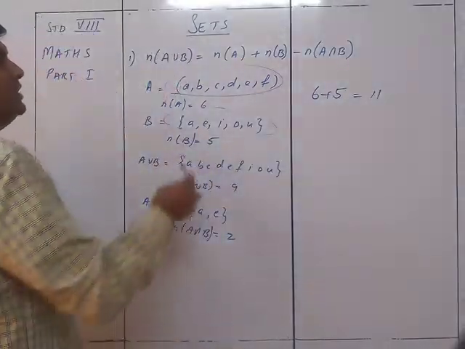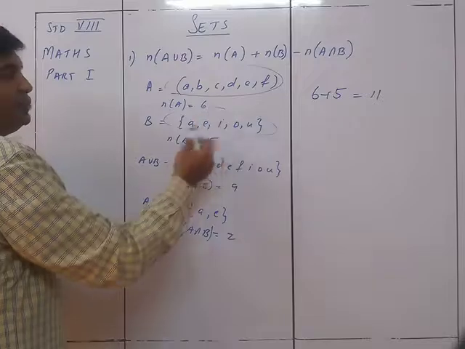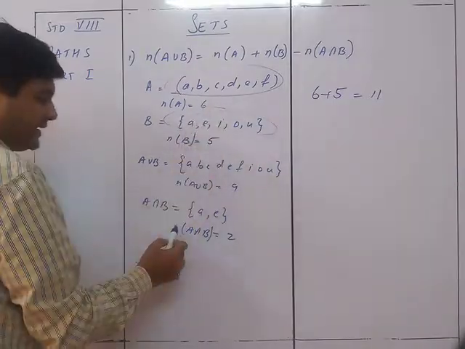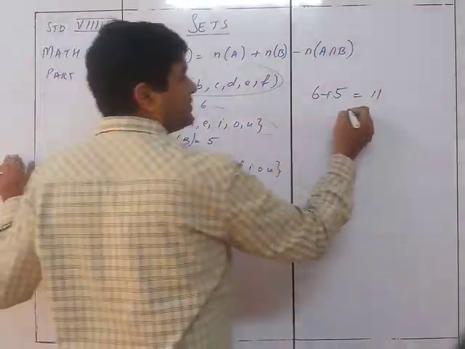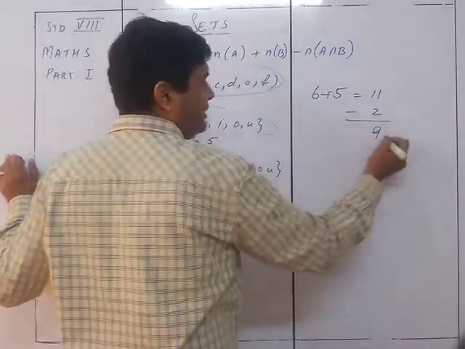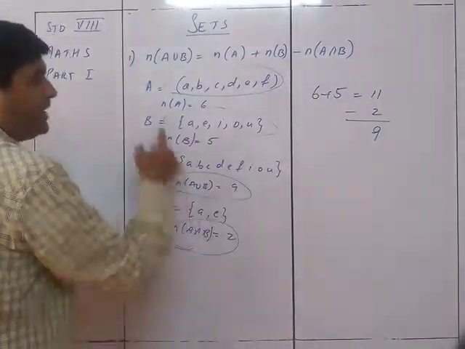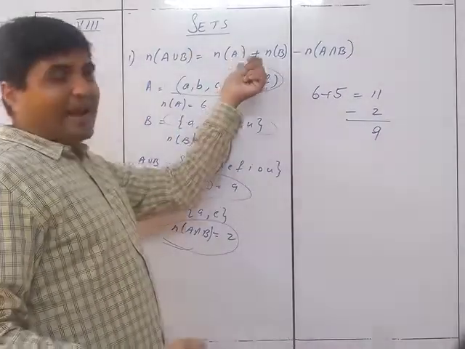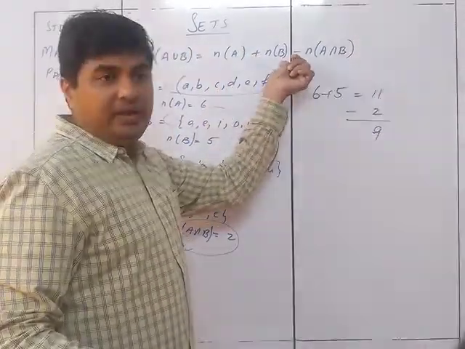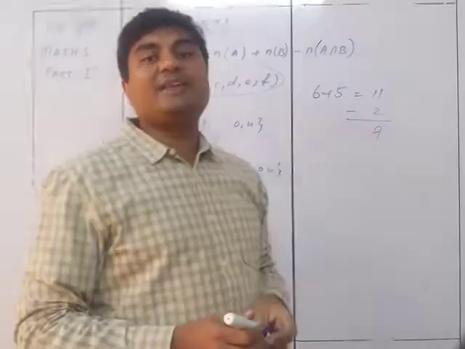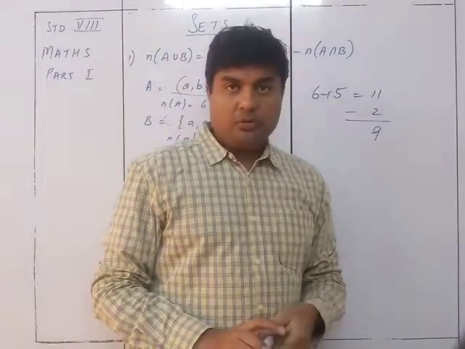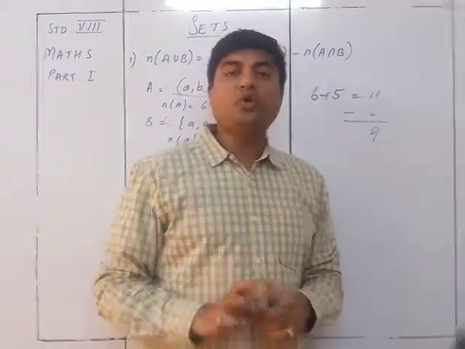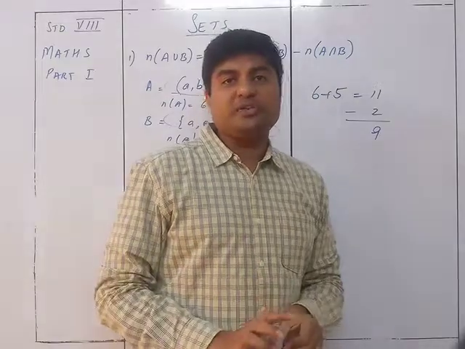But then what happens? Those elements which are repeating have to be cancelled. Which are the two elements? That is nothing but this. So that's why I am subtracting 2 from here to give me 9. You can see this is 9. A union B is 9. So that's why n(A union B) is equal to n(A) plus n(B) minus n(A intersection B). Very, very important formula. You'll use it a lot of times, especially in the Venn diagram.